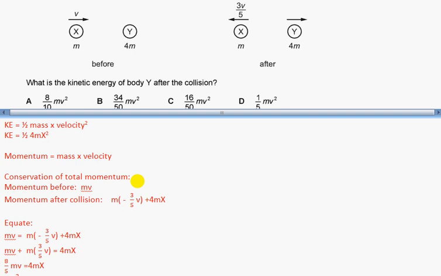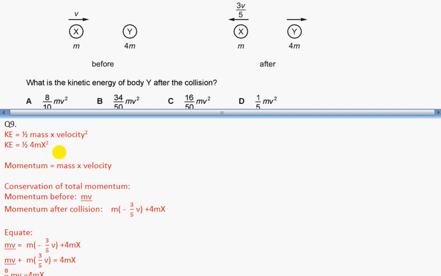Question 9. So kinetic energy is half mass times velocity squared. I called the unknown velocity x, unfortunately. So mass is 4m. Momentum equals mass times velocity.